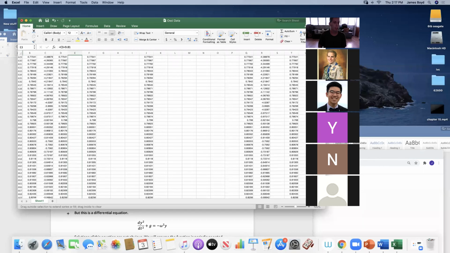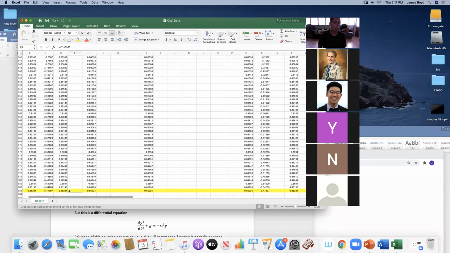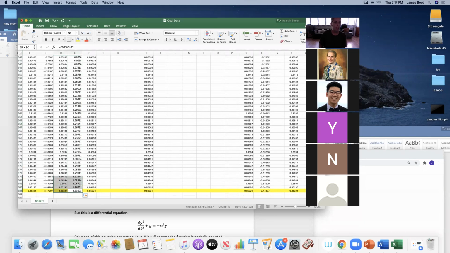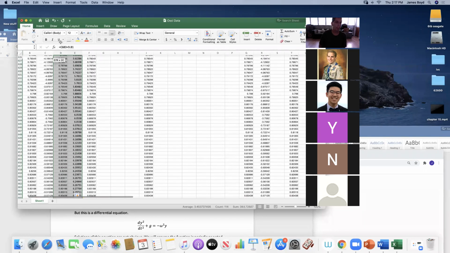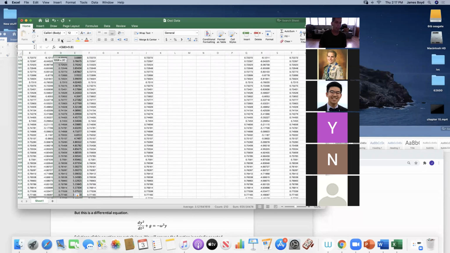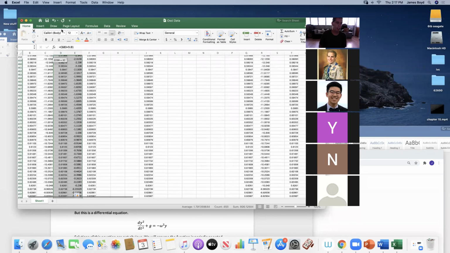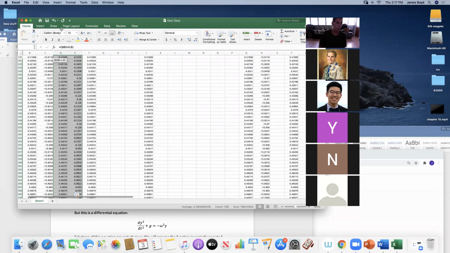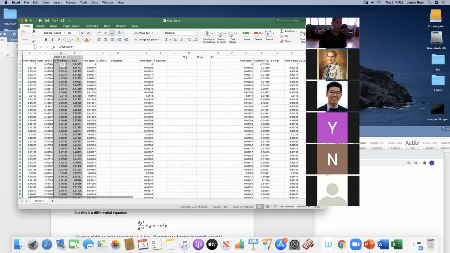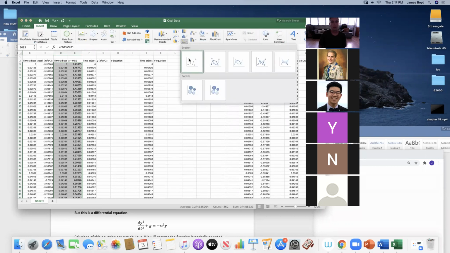And you're going to watch me do this a little bit. So once we do this, if I graph this, and I'm not going to actually save this graph, but if I graph my acceleration versus time, insert, and all you have to do is make a quick scatter plot of it.